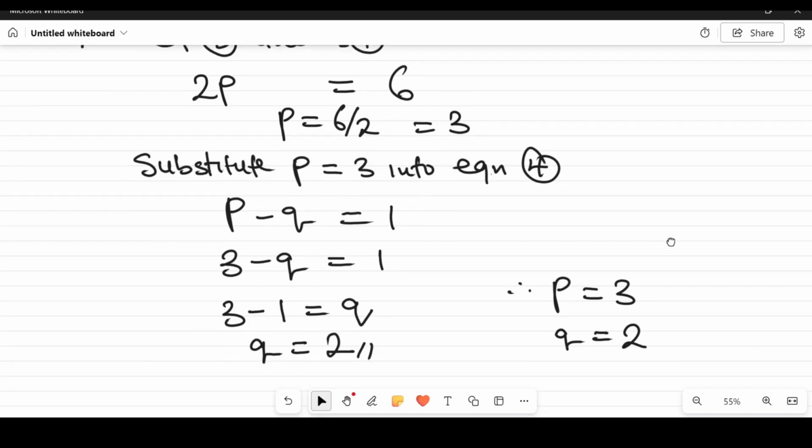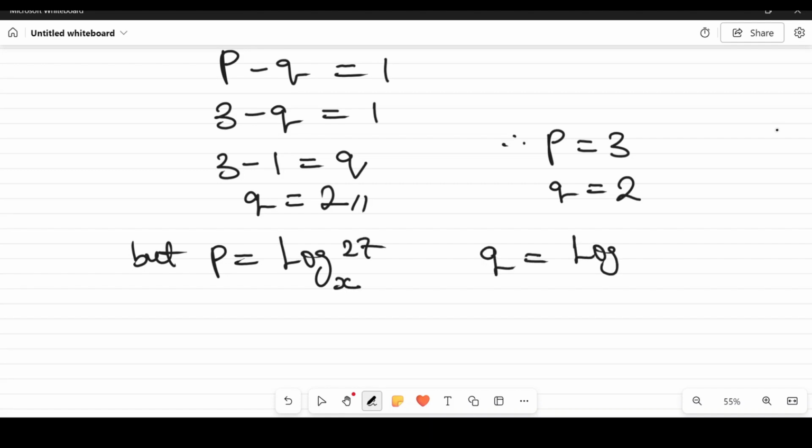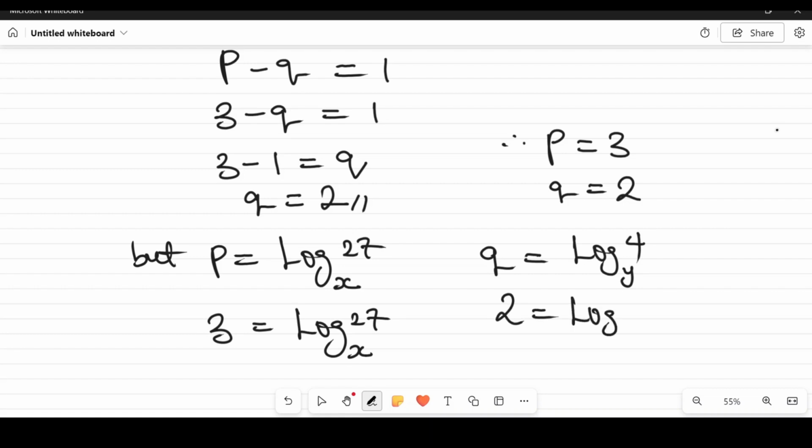But recall that we made a substitution that let P be equal to log 27 in base x and Q equal to log 4 in base y. So therefore, I will have 3 equal to log 27 in base x, and here I will obtain 2 equal to log 4 in base y.